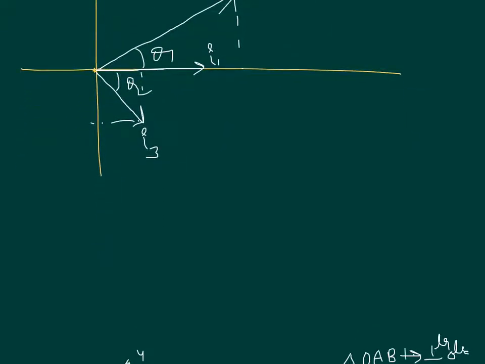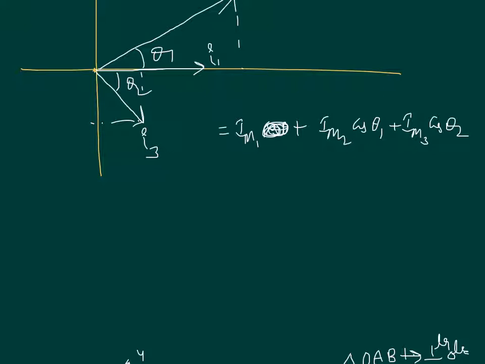We will get x components: for Im1 it is Im1, for Im2 it is Im2 cos theta 1, and for I3 it is Im3 cos theta 2.